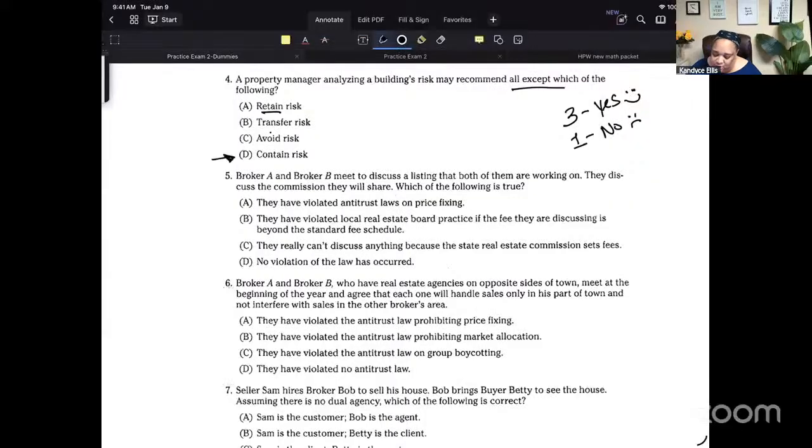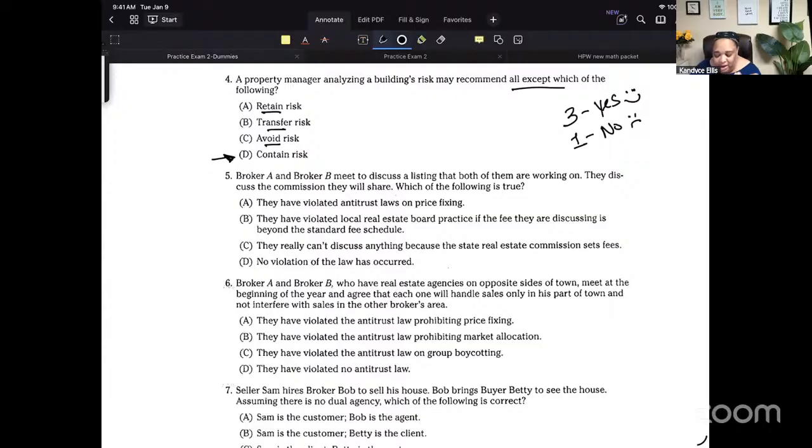I get that you want to transfer risk, and I get that you'd want to avoid risk, but contain the risk, I was thinking, oh, well, you wanted to contain it so it didn't get bigger. But I remember thinking retained risk is weird. So I think that is the answer. Although I remember thinking I really need to look into what they mean by retaining the risk. So I don't know what to say there.